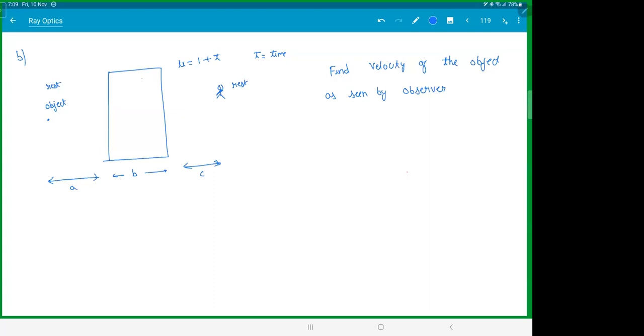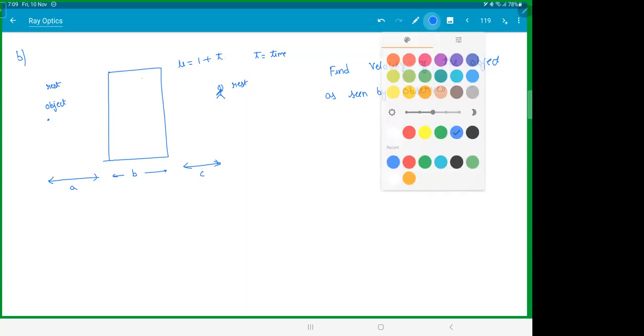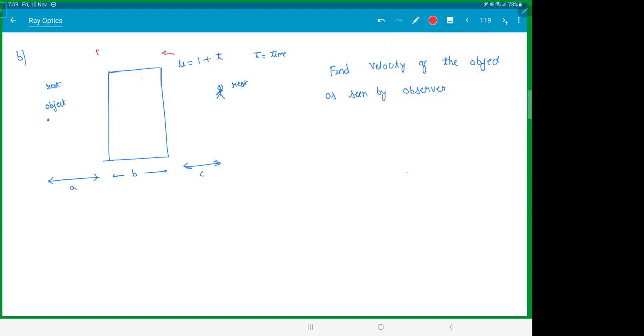Now how will you do this? The refractive index is changing with time. So at t is 0, it is 1, and then as time passes, it's becoming more and more. That means the shift is changing, no? If the shift is changing, that means it feels like it is moving, isn't it? At every instant, the shift is changing, meaning he thinks the object is not at the same place. That means it is moving. So find the speed.